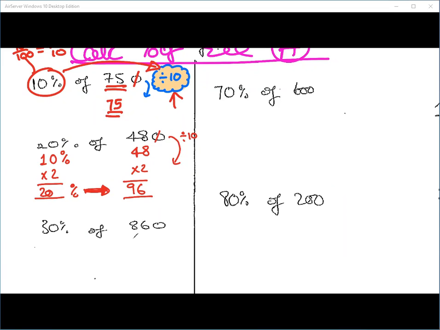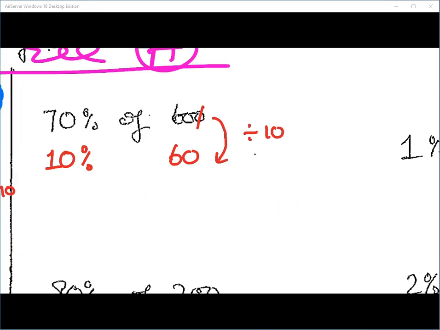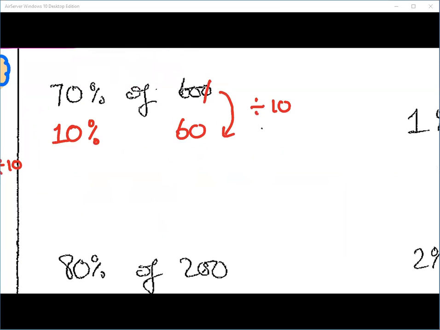Now using that same principle, I want you to do 70% of 600. How do we do that? First, what do we start with? 10%. So what's 10% of 600? 60. And then how do we get the 10% all the way up to 70?